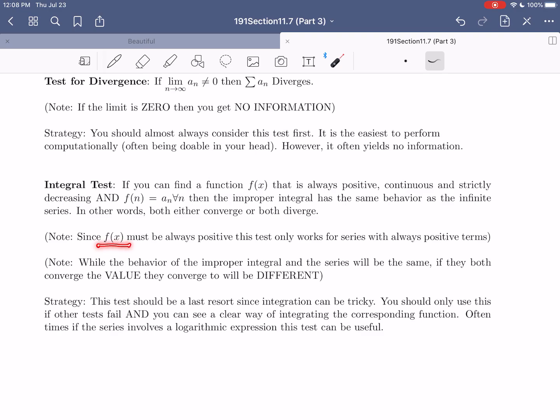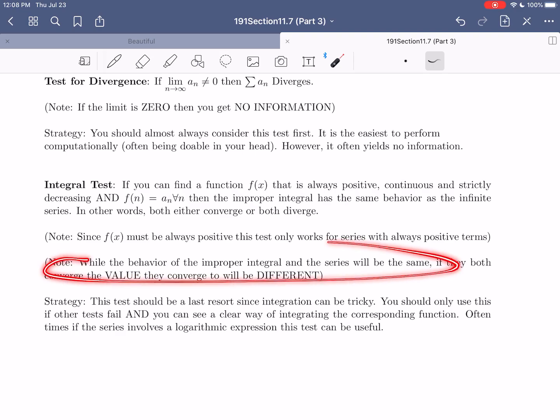Keep in mind, since f of x must be always positive, this test only works for series with always positive terms. So if you encounter something that has some positive and some negative terms, or like an alternating series, integral test cannot be used because it must be always positive.